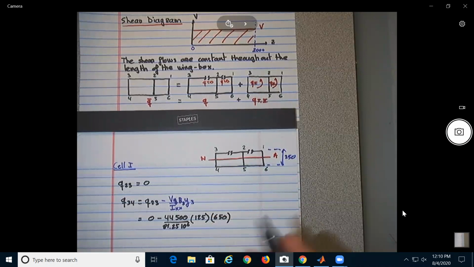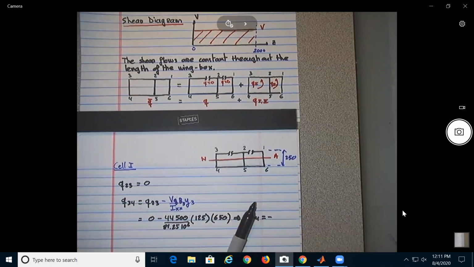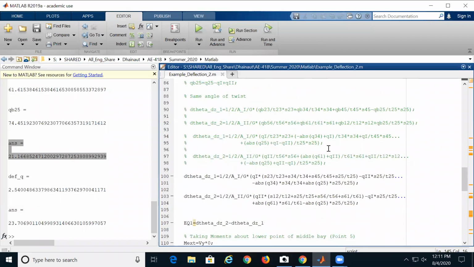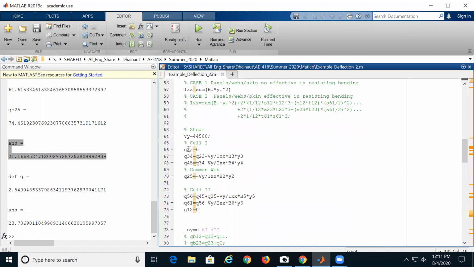So do this calculation with your calculator, but if we didn't do anything wrong, this will mean that Q34 is equal to negative. So we look at the MATLAB. I'm going to have to modify later on. I think here everything is about the same. So I come here, this is just the area. So you see Q23 is equal to 0. Q23 minus Vy over Ixx B3 Y3.